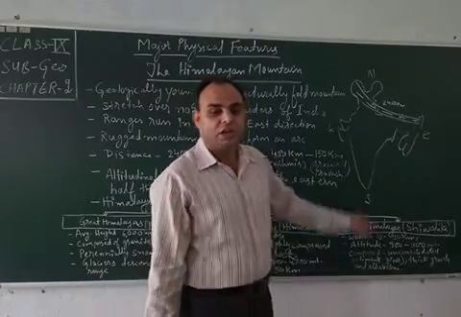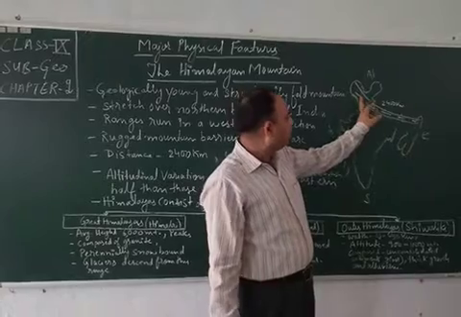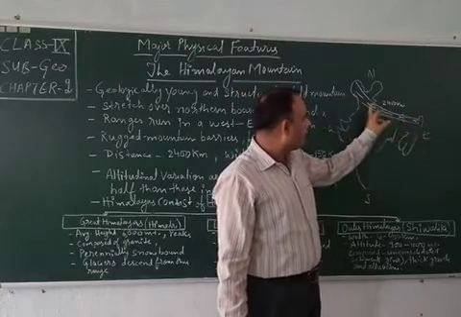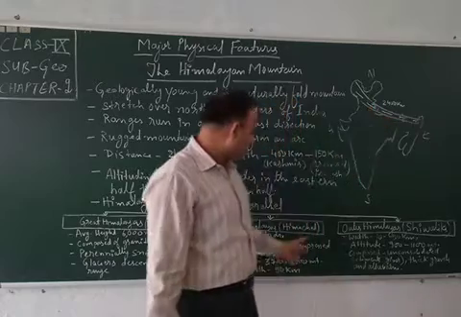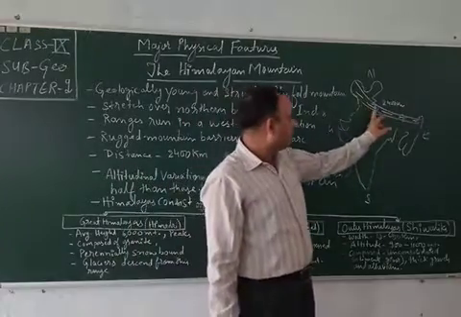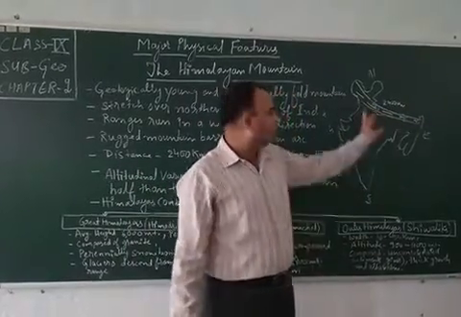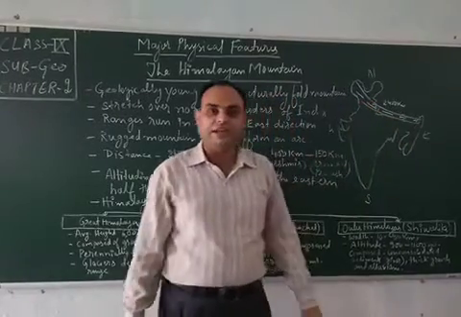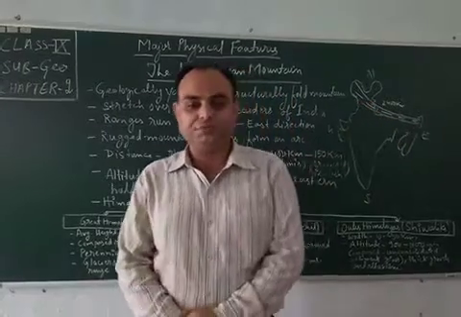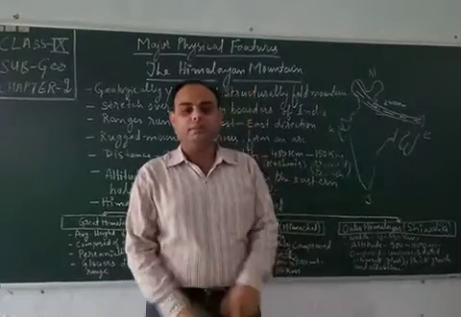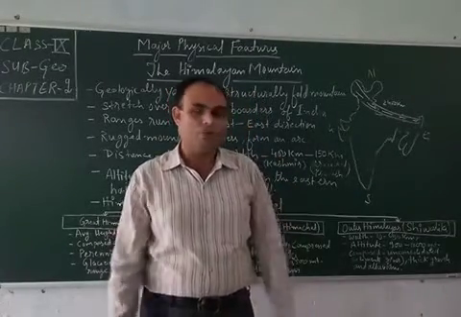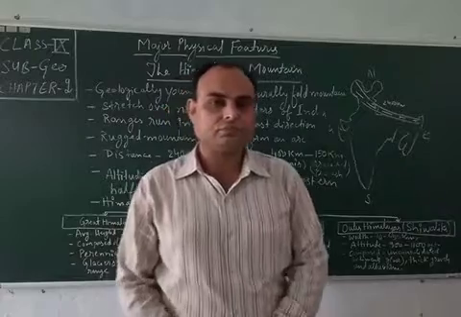Dune means here the longitudinal valleys lying between these two ranges, the Lesser Himalayas and the Shivalik. The longitudinal valley is called a dune. So Dehradun, Kotli Dune and the Patli Dune are some of the important dunes.